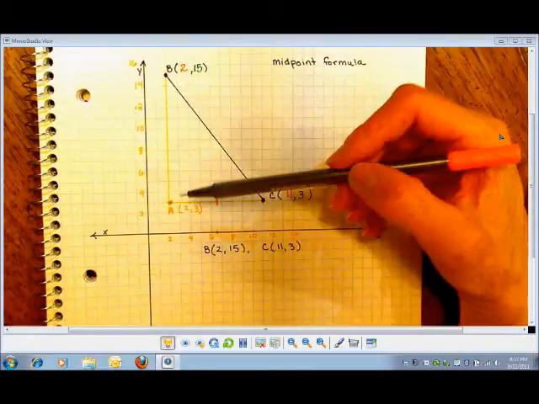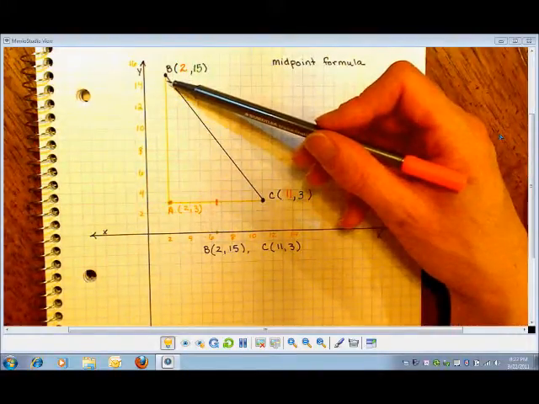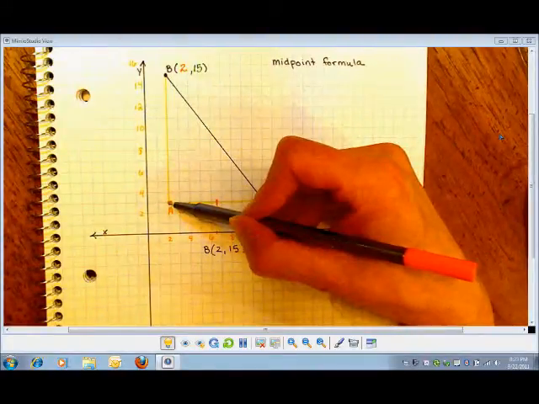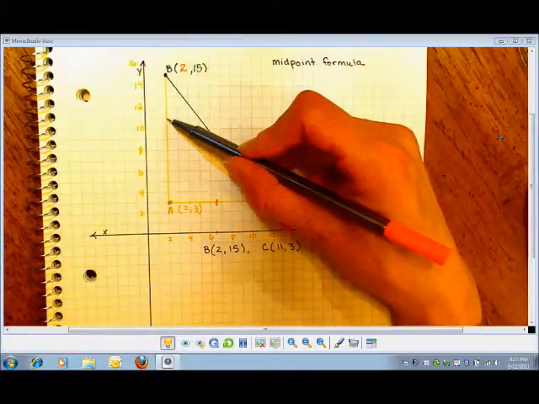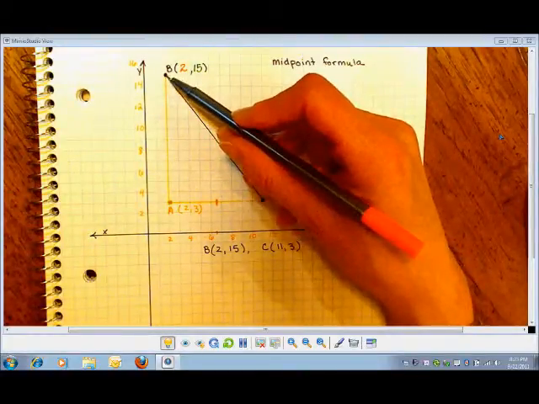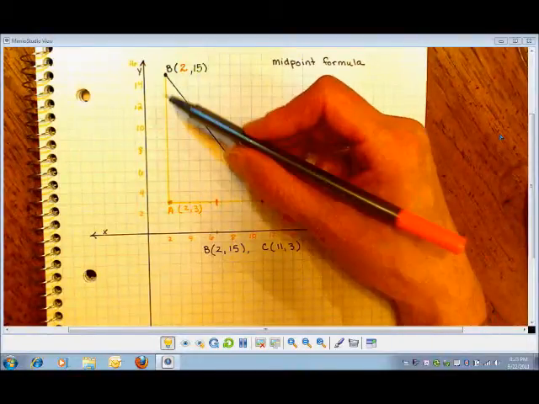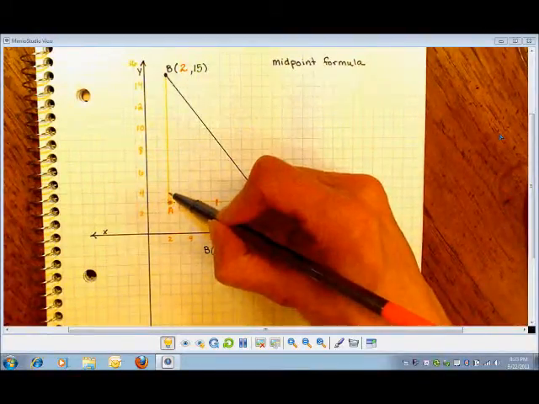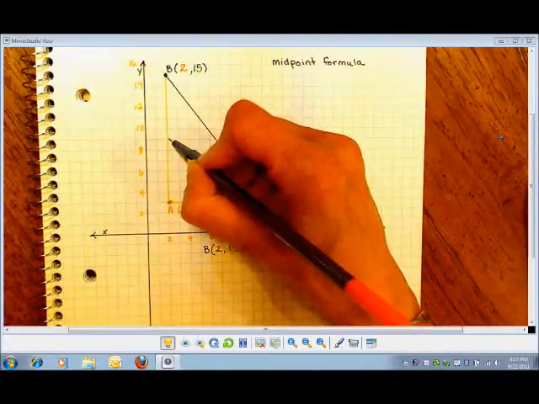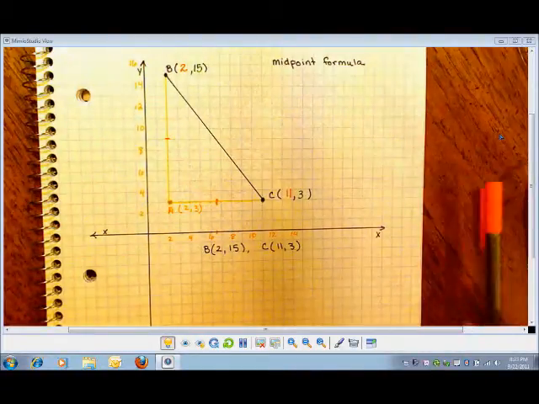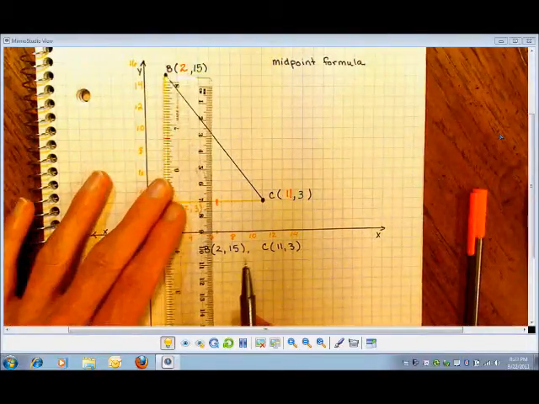Then I want to do my y distance. What's the distance between A and B along my y-axis? I could just count it: 1, 2, 3, 4, 5, 6, 7, 8, 9, 10, 11, 12. Halfway would be half of 12, which is 6. 1, 2, 3, 4, 5, 6, which is right there. So let's see where those lines intersect.